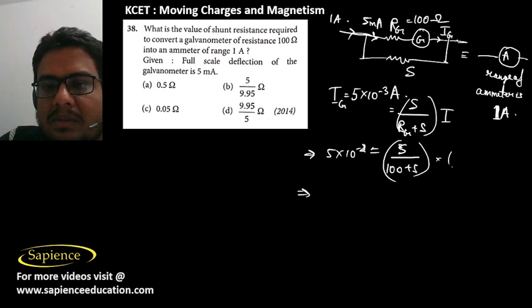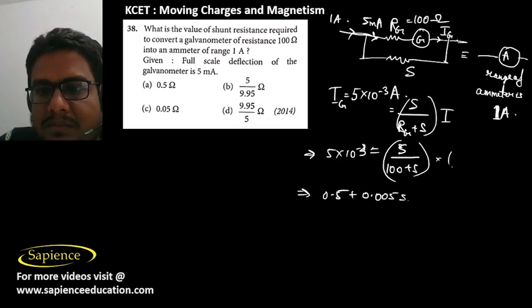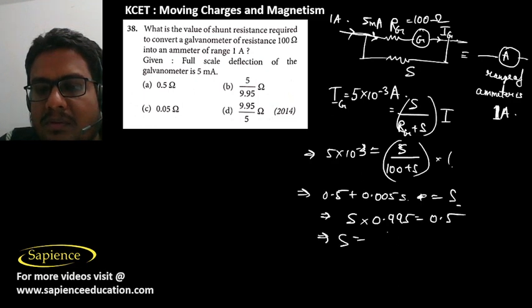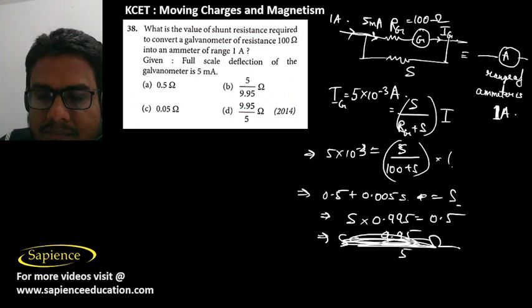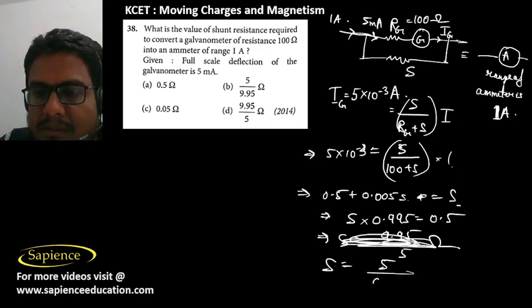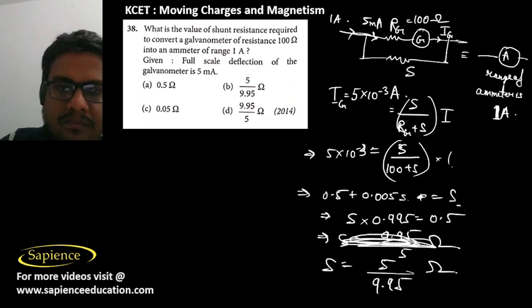So this will be 100 into this, 0.5 plus 0.005 S, that is equal to S. So this will be S into (1 minus 0.005), that is 0.995, equal to 0.5. So S will be equal to 0.5 by 0.995, that is 5 by 9.95 ohm. So option B is the correct answer.